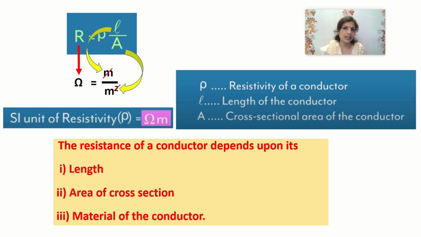When you increase the length, resistance increases. When you increase the area of cross section, resistance decreases. And when you change the material, its resistance is different.